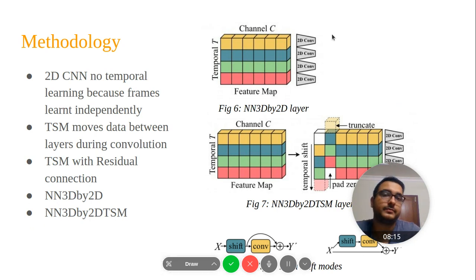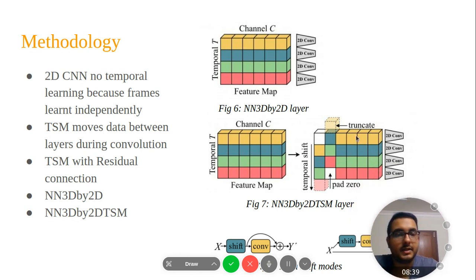temporal learning. Normal 2D CNNs are not able to learn temporal data because, consider this particular image, we have multiple frames represented by multiple colors. In traditional 2D CNNs, all the frames are independently treated or processed by the convolution network. But in the temporal shift module, which is added to a 2D CNN, the frames are shifted in the forward and backward temporal dimension.